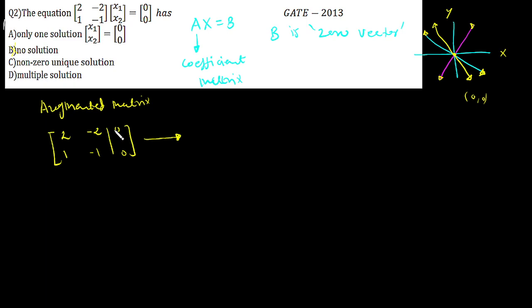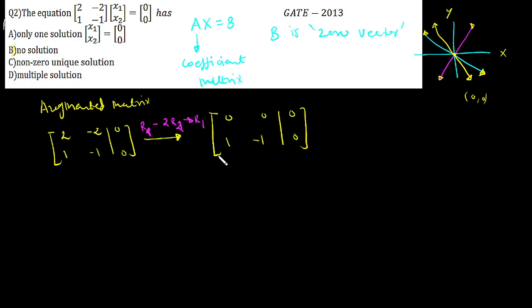So let's make the first row 0. I can write: r1 minus 2 times r2 will make my new r1. So after this, let's write what we are getting. The first row has all entries 0, and the second one remains as it is.